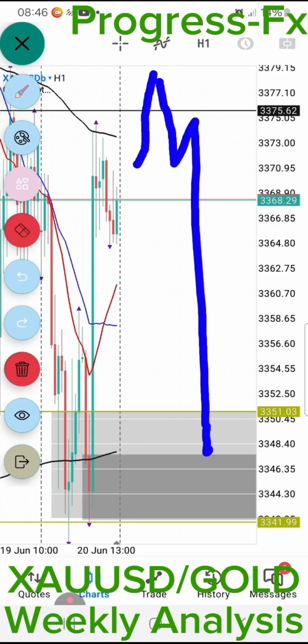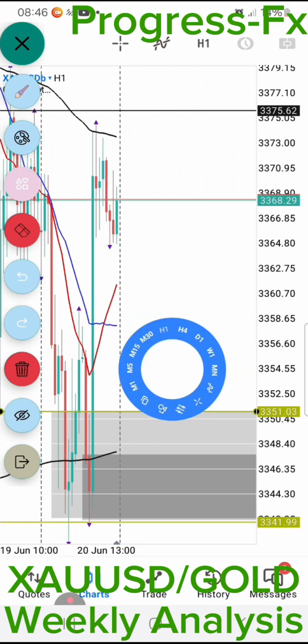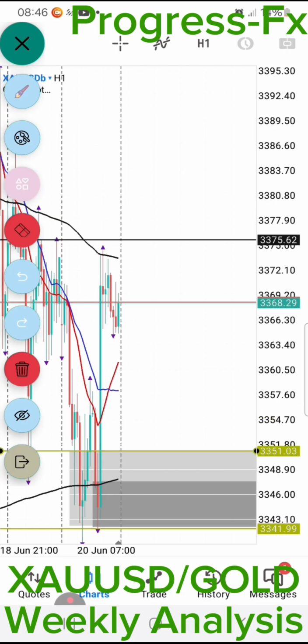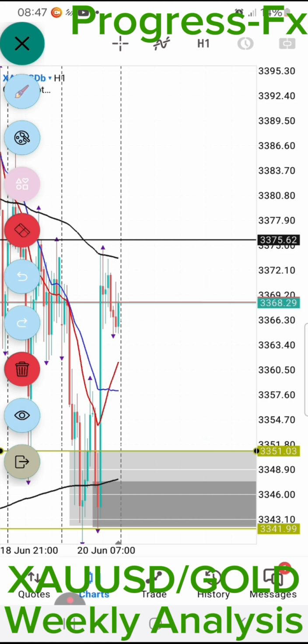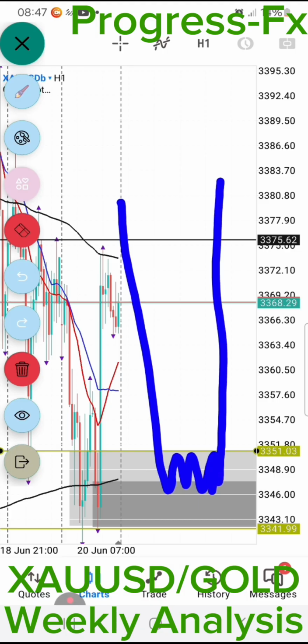You also see the same other block on H4. So the price is going to react here. Once it comes down, it's going to react, and then probably coming next week.